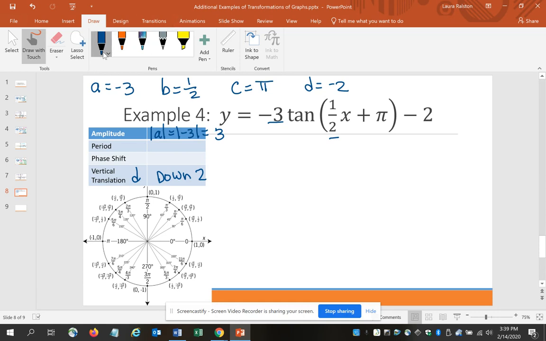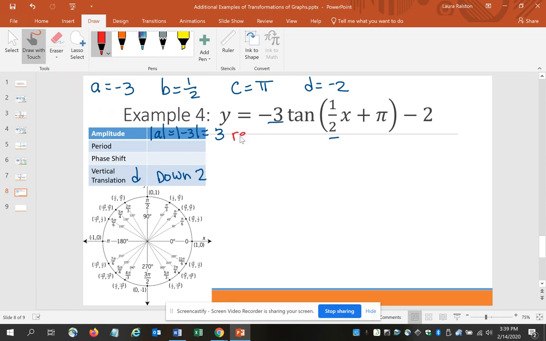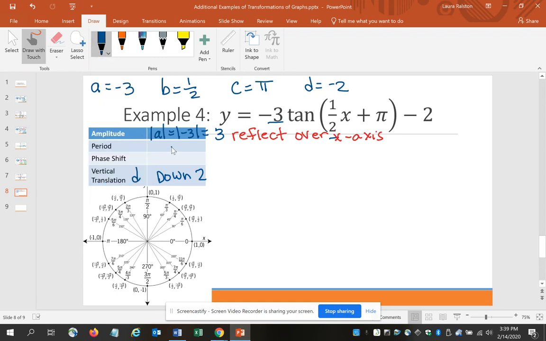But remember, that negative is important, guys, because that negative tells me, again, there's going to be a reflection over the x-axis. Okay, so that's going to be important to remember when I start to graph this particular equation. My period here would be pi divided by b. So I have pi divided by 1/2. Okay, remember when you're doing the division, you're going to flip and multiply.